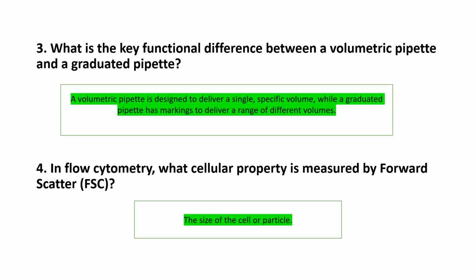We do not really measure the granularity or internal complexity. Granularity is for side scatter, but for forward scatter, please, we only deal with the size of the cell or particle.